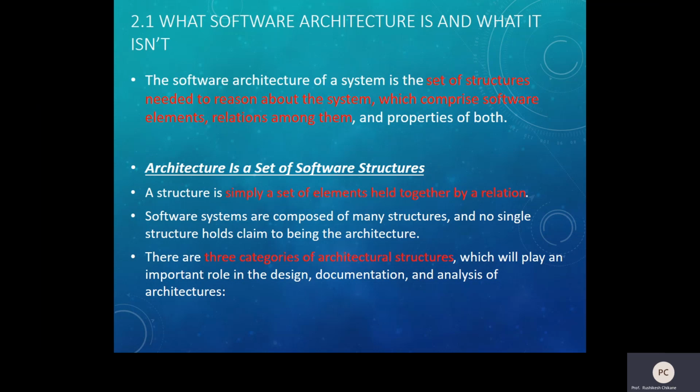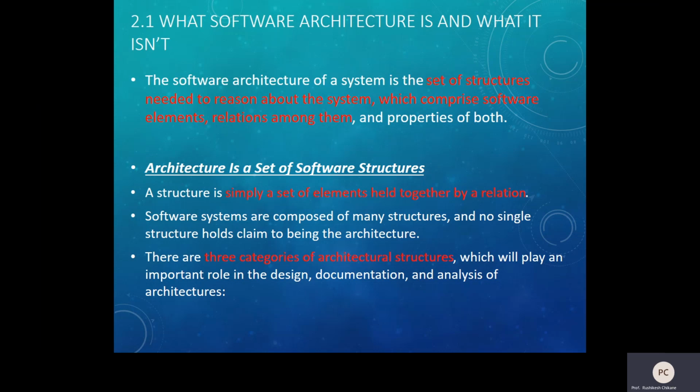So that building is nothing but the architecture of the software, whereas the plan of the 1 BHK, the plan of the 2 BHK, and the plan of the 3 BHK are the structures. So an architecture is a set of structures, and an architecture can be a combination of multiple structures.